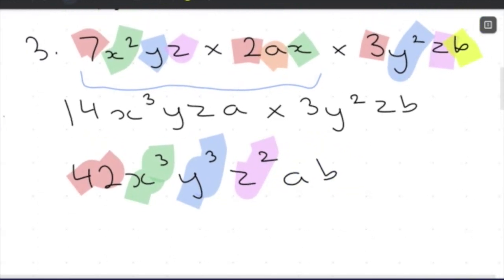Effectively, with multiplying algebraic terms, just like with adding and subtracting, we're taking note of the like terms. That's exactly what I've done up here, and you can see I've color-coded them. I'm considering the like terms and picking up on any relationships with how these interact.